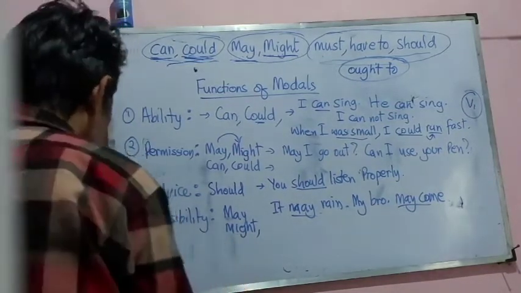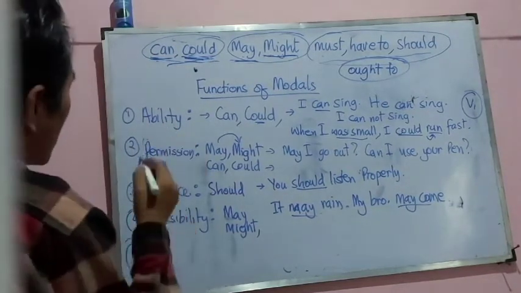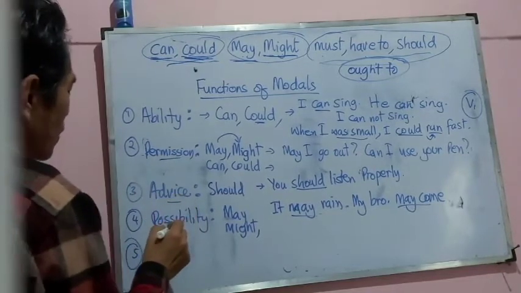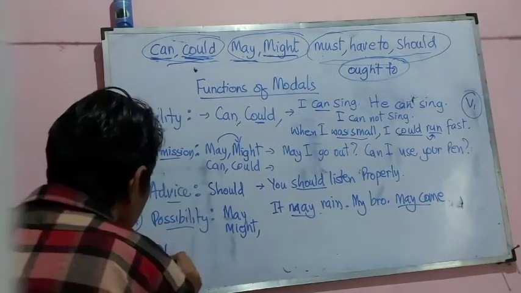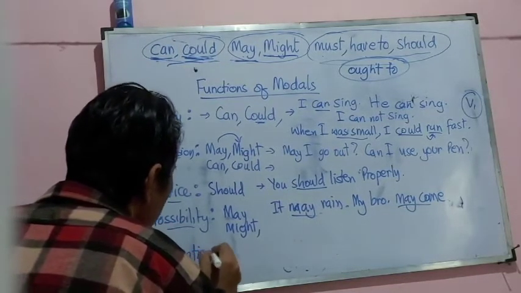And the next one: we have got ability, we have got permission, we have got advice, we have got possibility, we have got obligation. Obligation. So you are obliged.